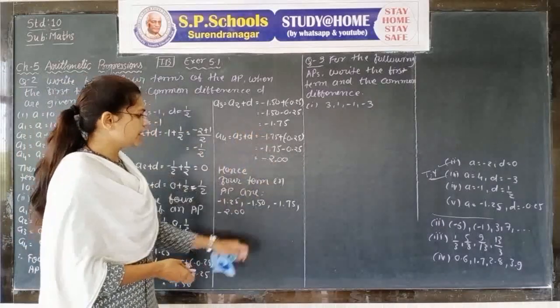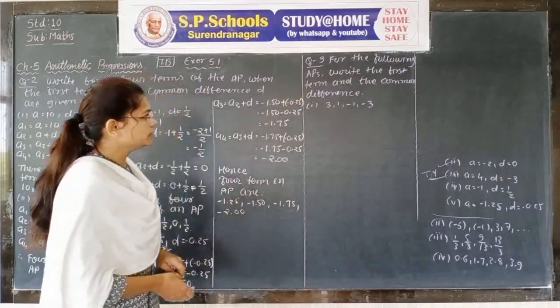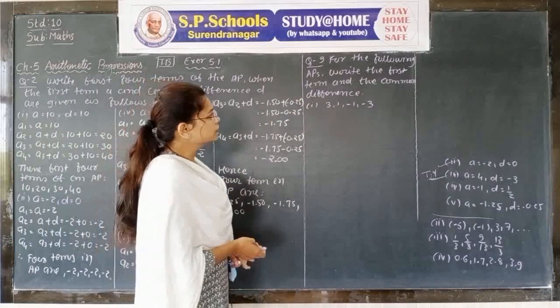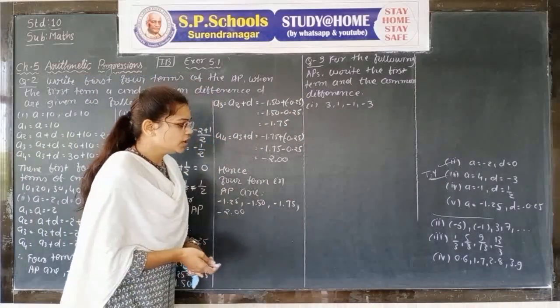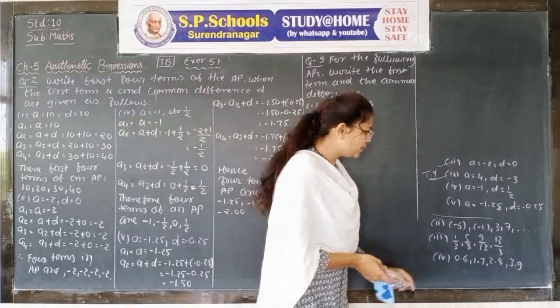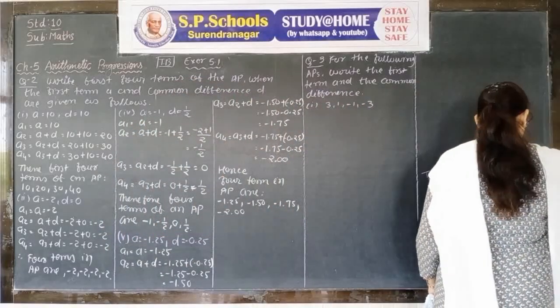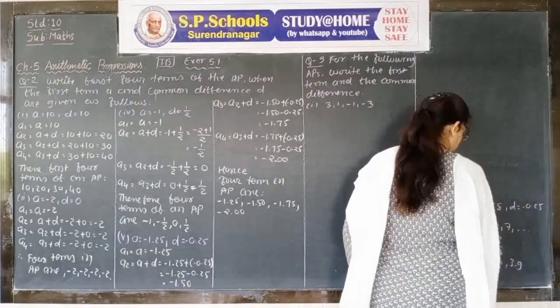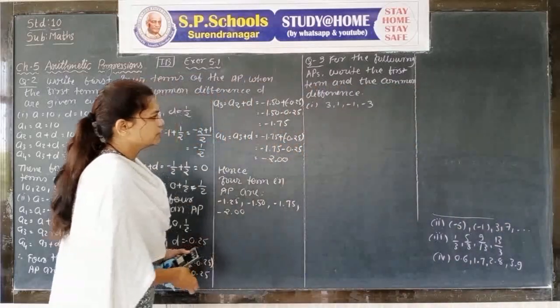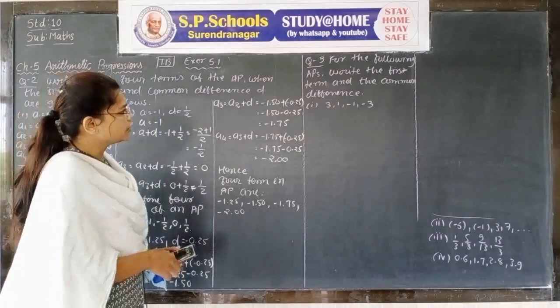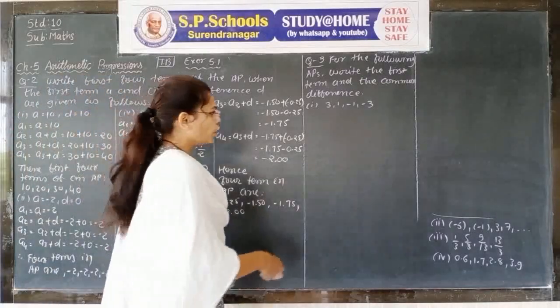Now we see the next, the third one, question number 3. It says: for the following APs, write the first term and the common difference. There are 4 different APs given. In each and every case we need to write the first term and the common difference.